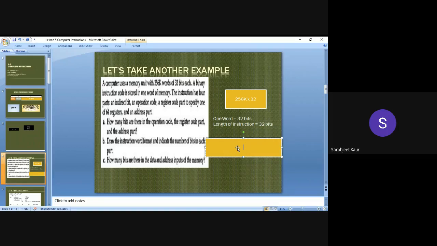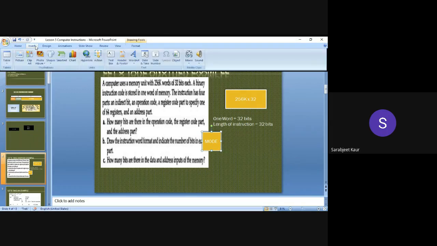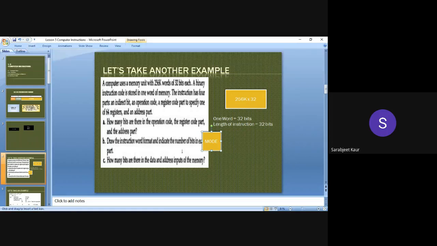They are saying that it is the indirect bit, so they have dedicated only one bit to the mode part. One bit for the mode part. Are you able to see all this clearly? Yes, ma'am. I'll change the color of the text so that it will be more visible for you.